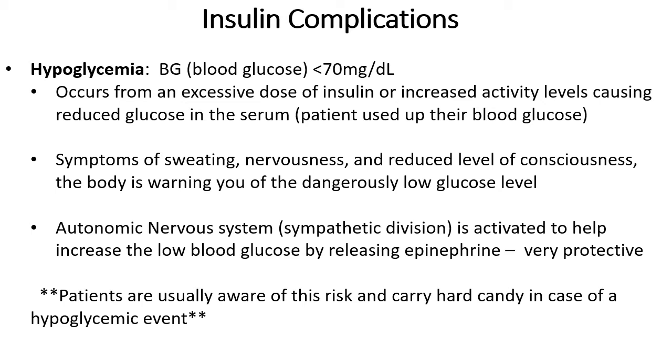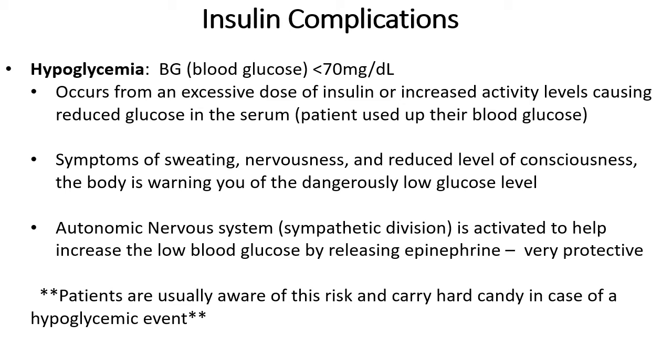Now, if the hypoglycemia continues to get lower and lower and lower, the brain's going to start to turn off. You're going to get confused. And finally, you're going to have various degrees of reduced level of consciousness, since the brain needs glucose as food, right?